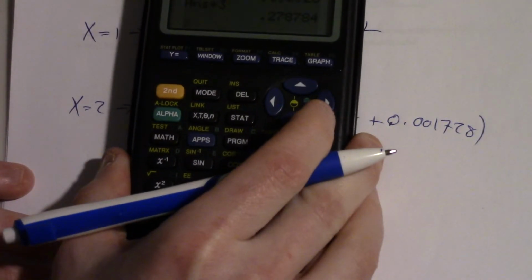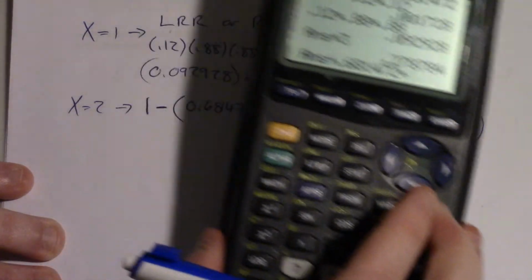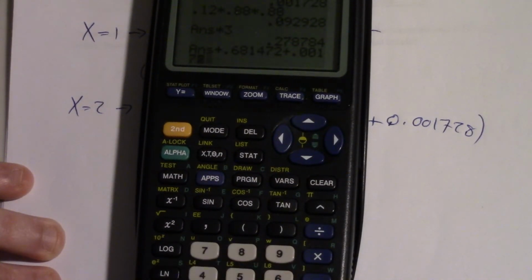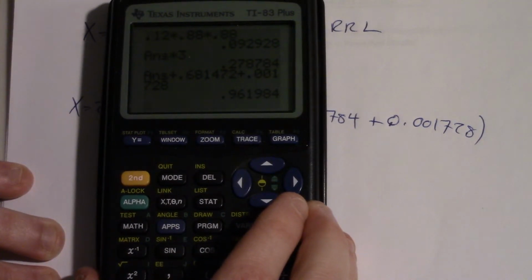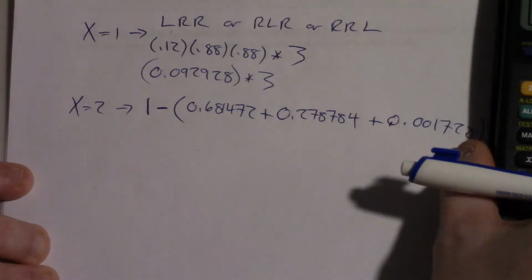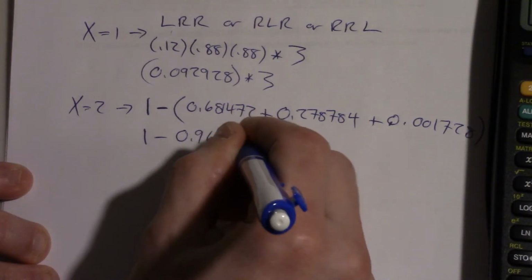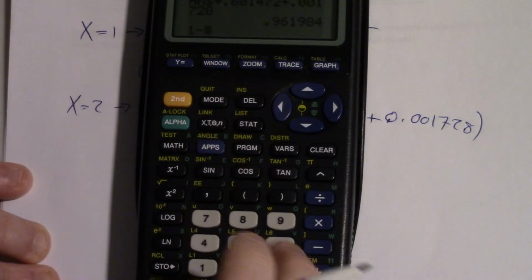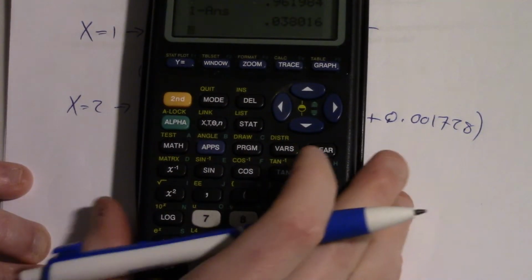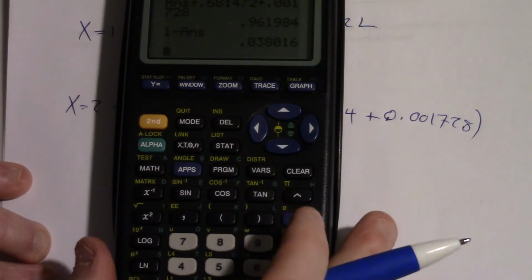So if we add those up, that gives us 0.961984. So we should get 0.038016.